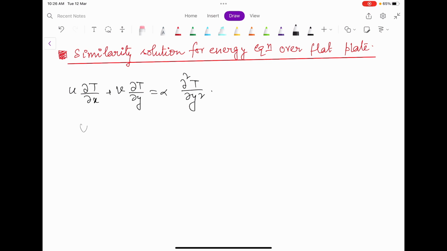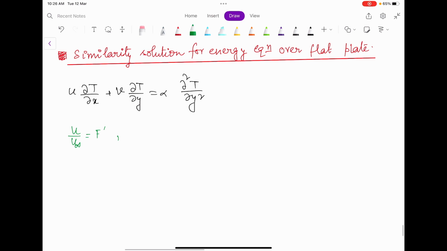So u by U infinity was f dash, right? And v was this into U infinity nu by x, eta f dash minus f.